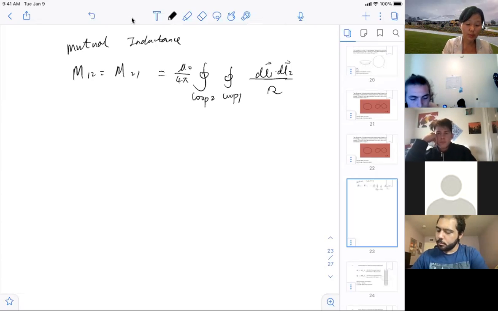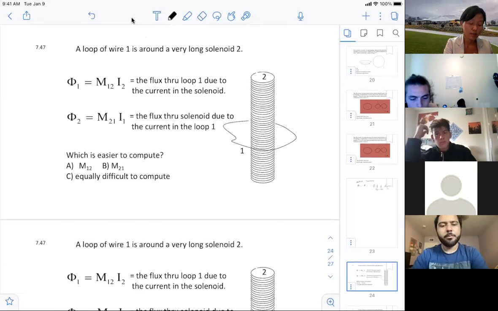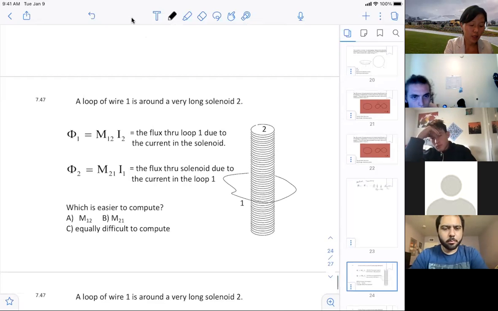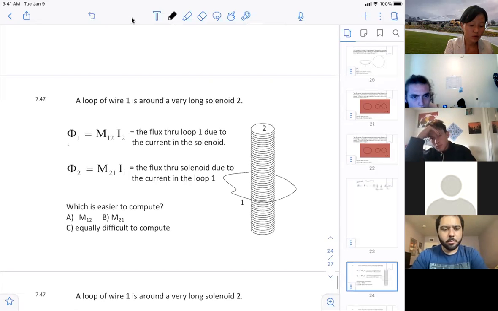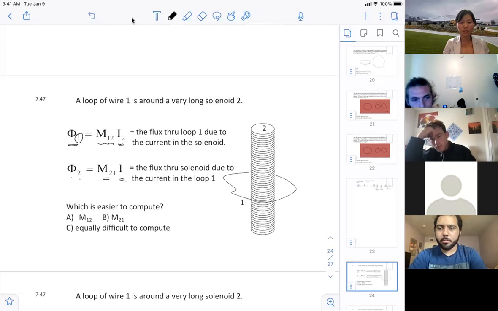So you can see that if you want to think about the flux it generates, you can think of, okay, the flux going through loop 1 is due to the current in loop 2, and that is multiplied by the mutual inductance M12. But the flux going through loop 2 is generated by the current going through loop 1 and multiplied by the mutual inductance M21.